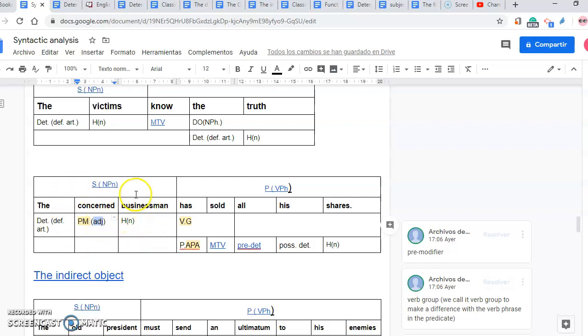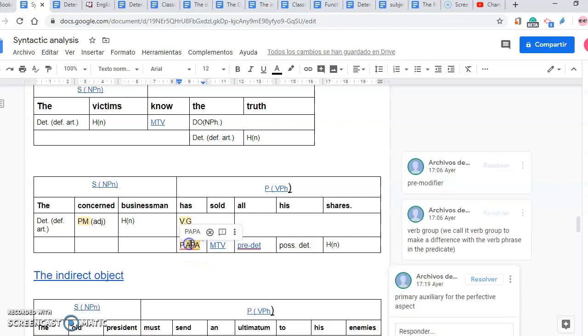So, the concerned businessman, and we've got a verb group. We call it verb group in order not to confuse it for a verb phrase, but it could also be called verb phrase, but we are going to call this verb group, okay? So, we've got a verb group, and this verb group is made up of two elements, has and sold.